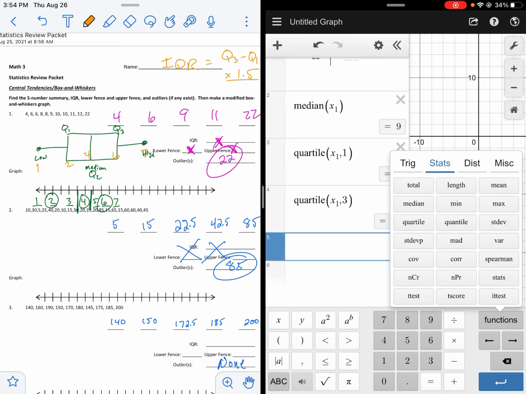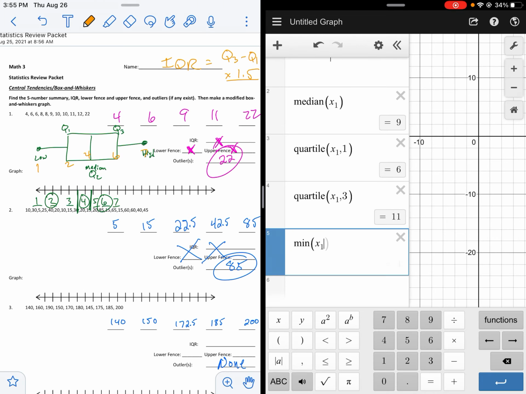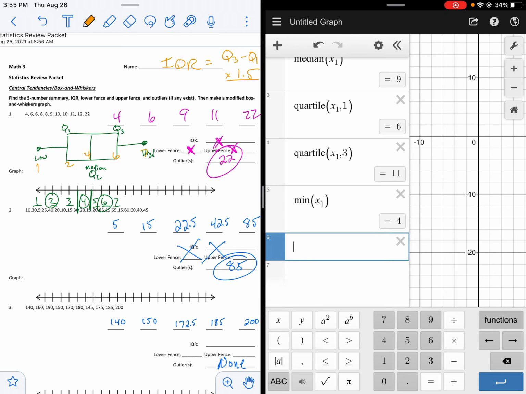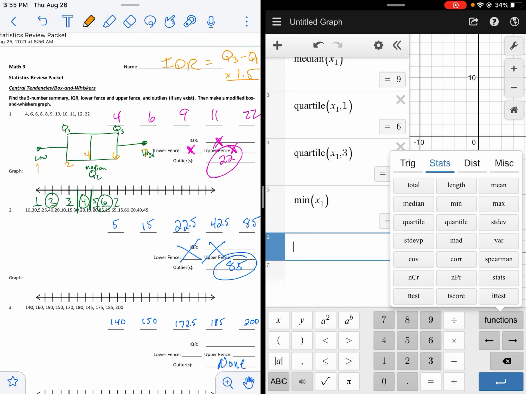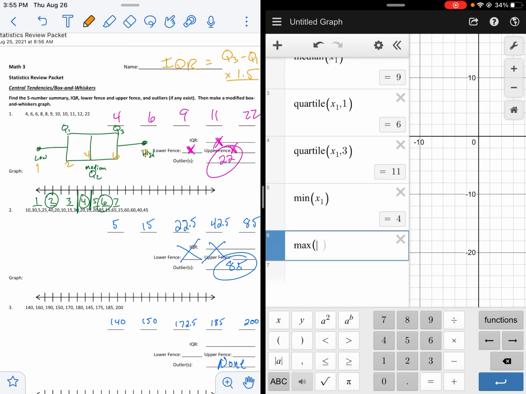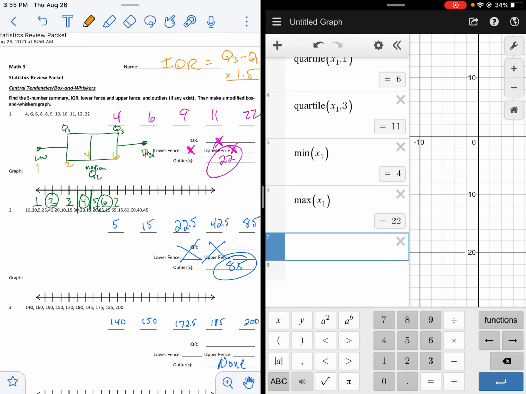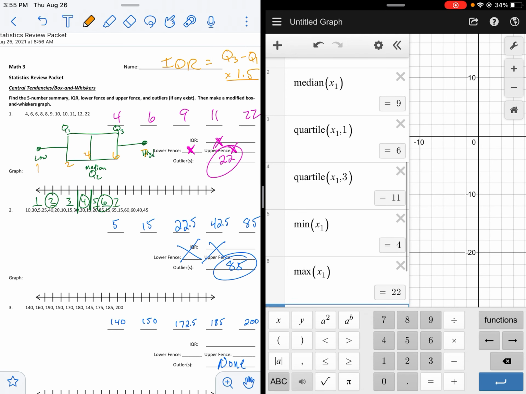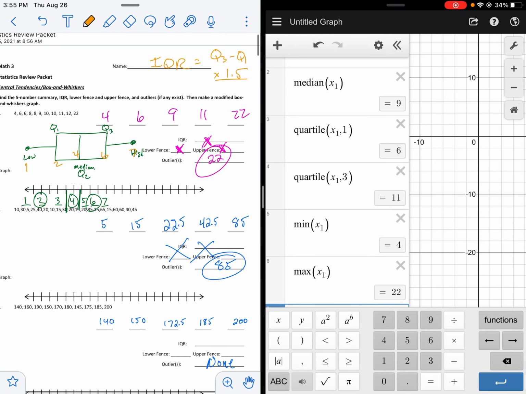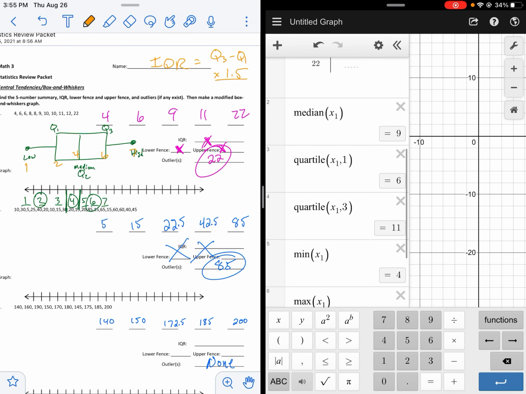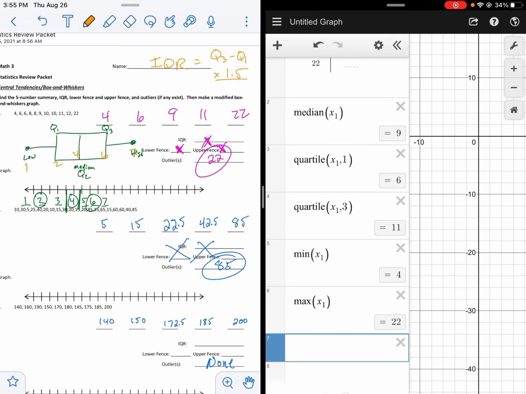Now, you could also say min, and it'll give you the lowest number, and max, it'll give you the highest number. In order to do this by hand, you have to put all the numbers in order. Sometimes they're not in order, so you have to put them in order.